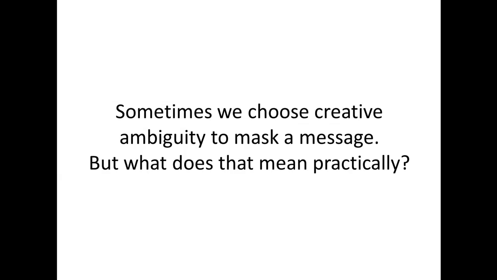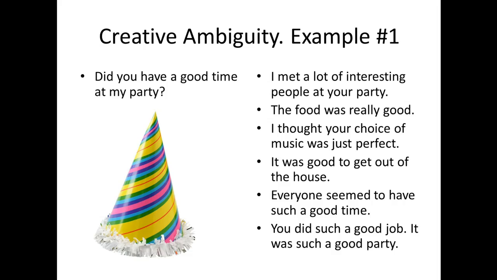Sometimes we choose creative ambiguity to mask a message. But what does that mean practically? Well, remember these examples. Someone says to you, "Did you have a good time at my party?" Here are some of the things you can say on the right side to be purposely ambiguous. You could say, "I met a lot of interesting people at your party." Or, "The food was really good." Or, "I thought your choice of music was just perfect."